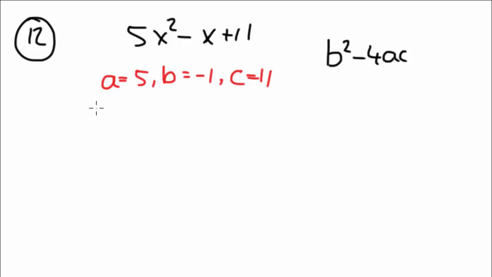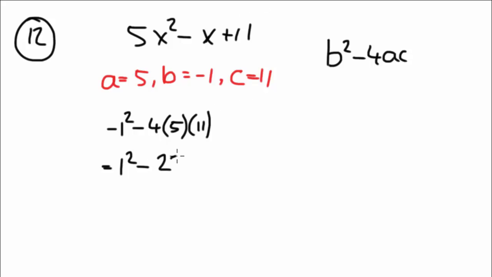So we end up with (-1) squared minus 4 times 5 times 11. That equals 1 squared minus 4 times 5 times 11. That gives you -219.